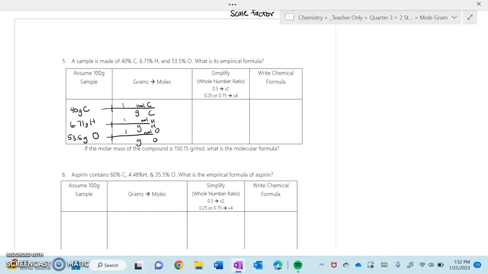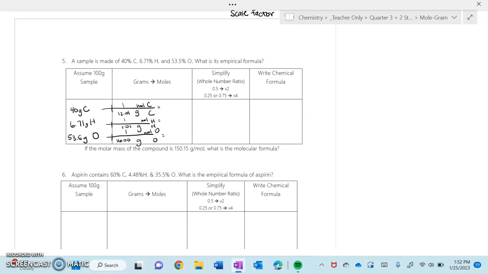Okay, doing a little conversion. Carbon's molar mass on the periodic table, we just used that one, is 12.01. Hydrogen 1.01 and oxygen 16.00.